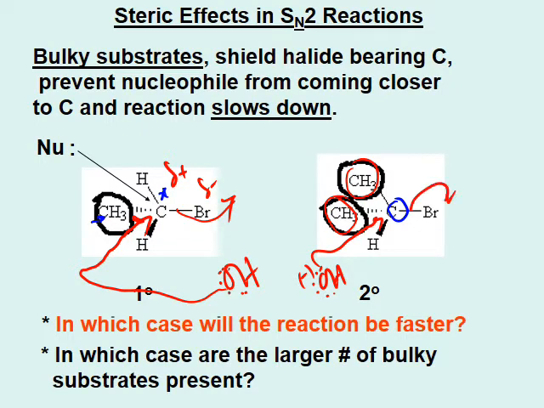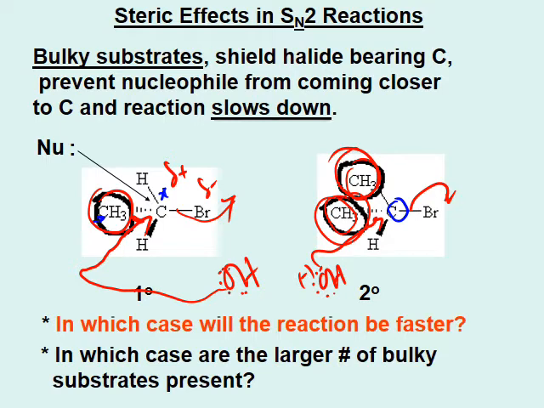But the difference is, in the first case, there is one big group, the methyl group. This is the one big group. Whereas in the second case, in 2 degree, there are two such groups, making it much harder for OH minus to approach that carbon. So these are the two bulky groups.